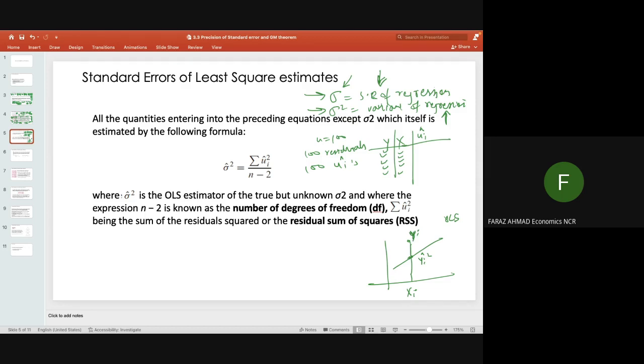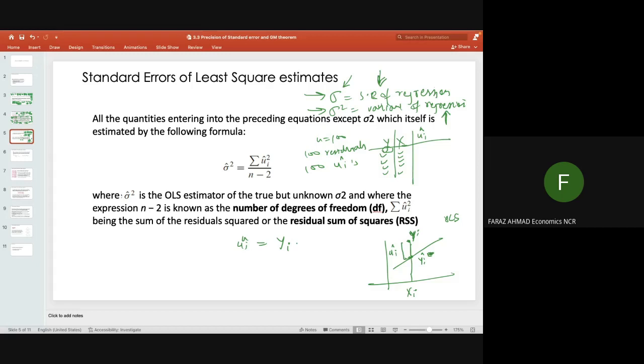The difference between the actual y and the estimated y is the error. So if you have yi, the actual y value, which is there in the sample, and you subtract the estimated value, which is the point on the line for the same x, of course, these are all conditional to x, then this difference is going to be the error.